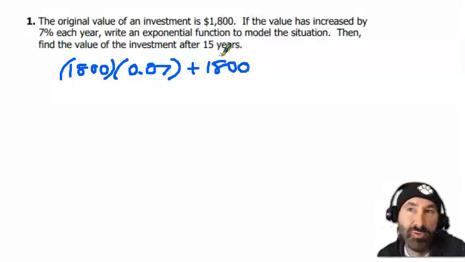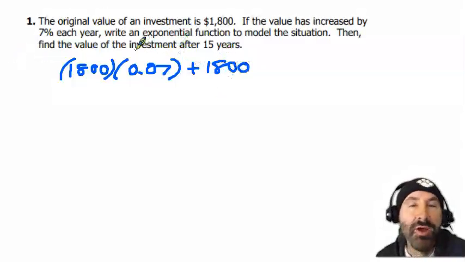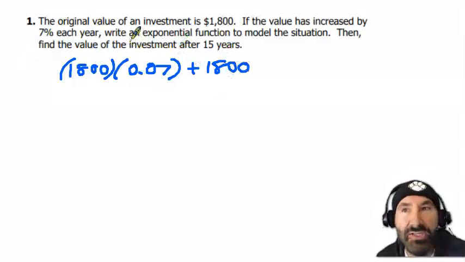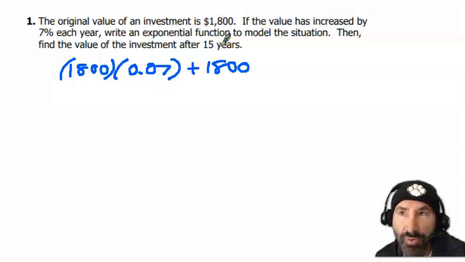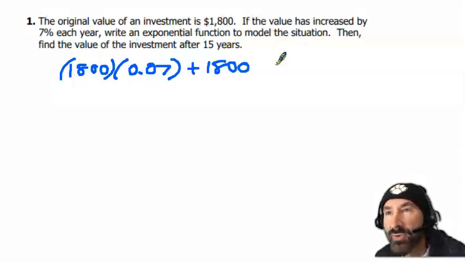And sometimes people will write this 1,800 out in front and then add it to the interest. Either way, it's fine. Because of the commutative property of addition, we can add in either order and we'll get the same result. And we're going to write that this is the balance at the end of year one.